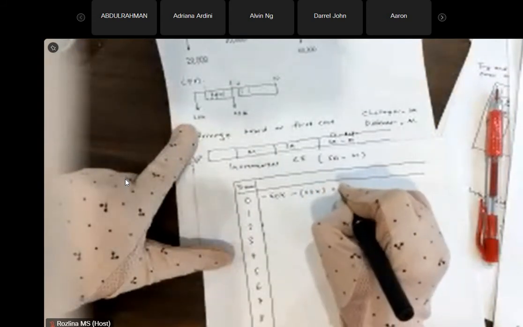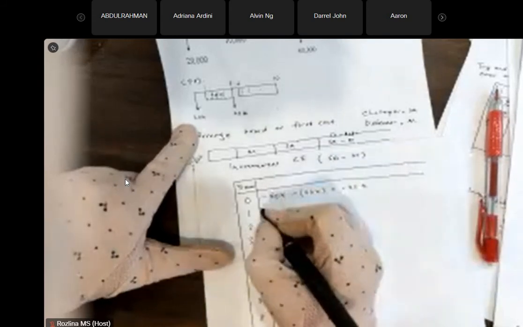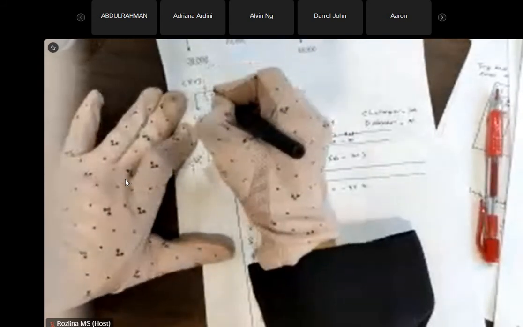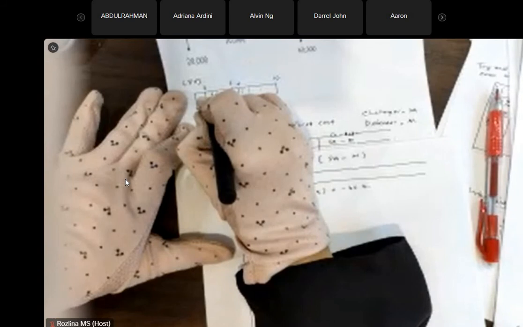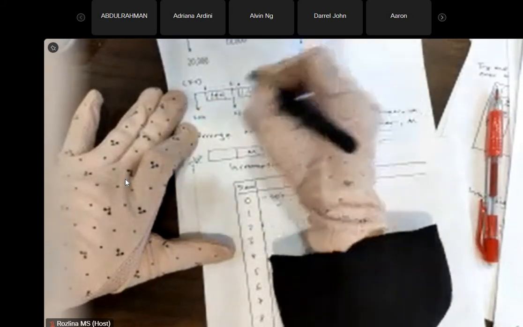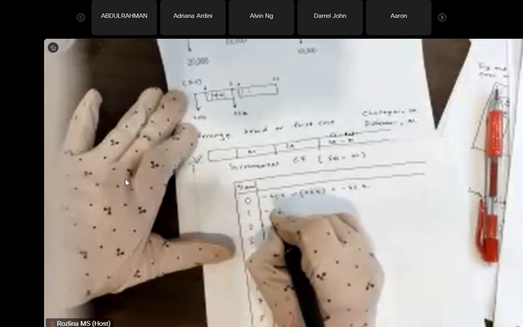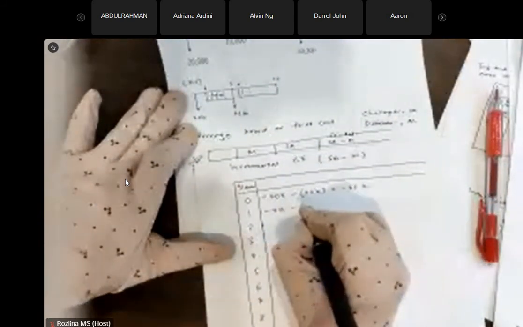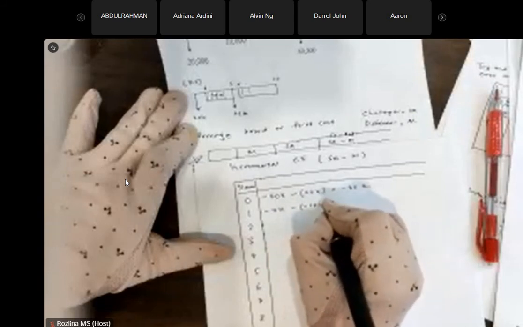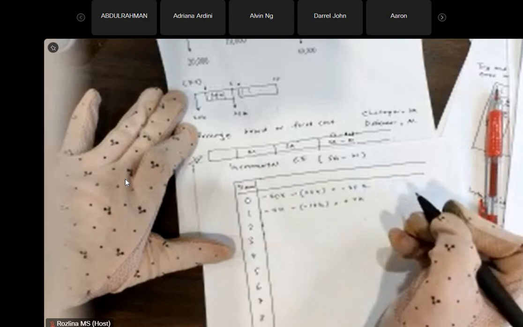Okay, so you get negative 40K. Okay, now year 1. Dah start 10K yang ni. Dan yang ni dah start 7K. So kena ambil challenger tolak defender. So challenger is negative 7K minus negative 10K. So you get positive 3K.